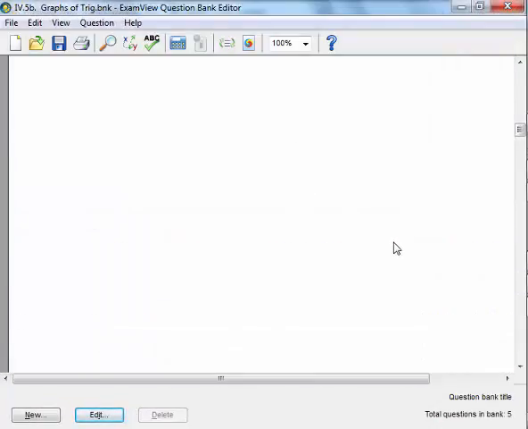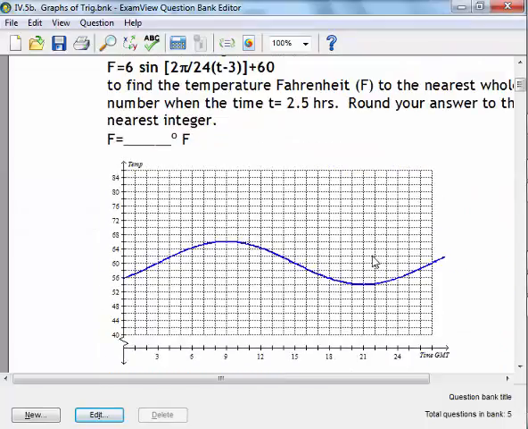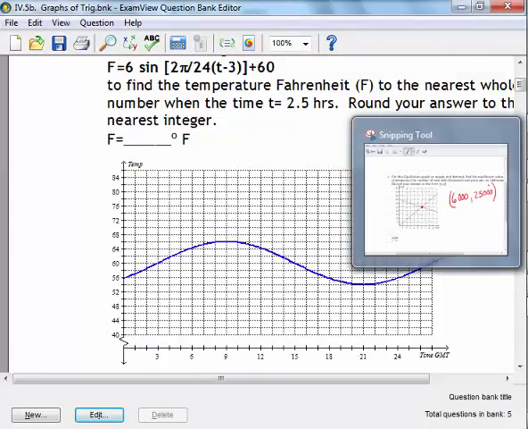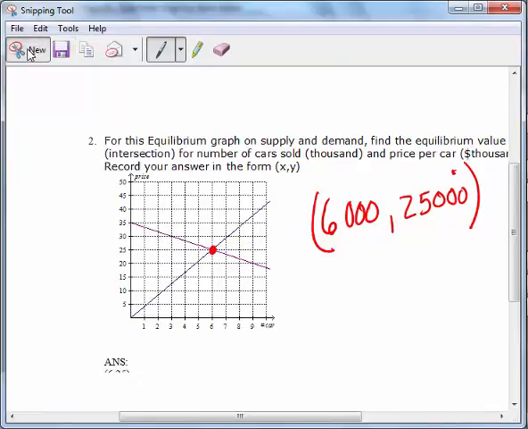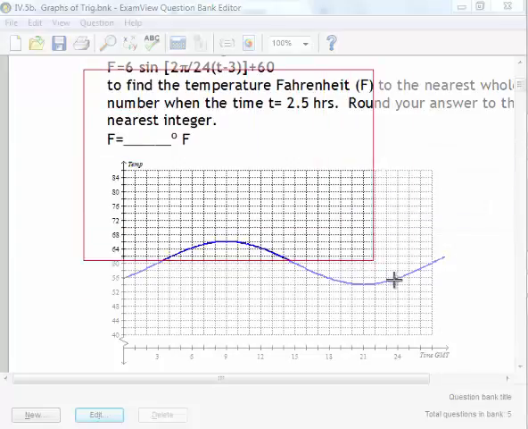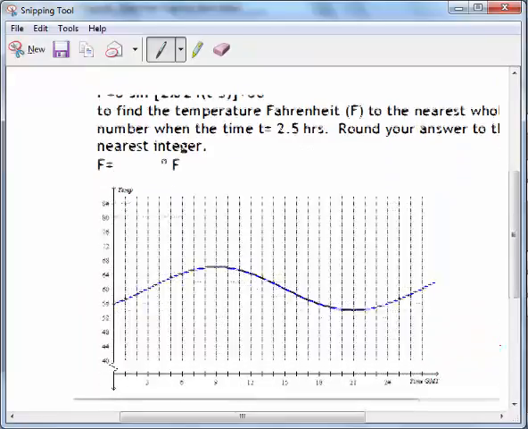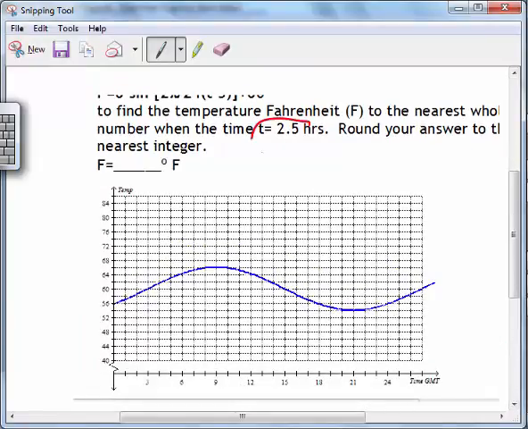But this is the one that I think is most interesting. It looks a little scary because you see the graph here. And let's say that somebody wanted you to do something like this. Let's say they wanted you to find when the time is 2.5 hours. Well, you would just go over here. Here's 6 hours. Here's 3 hours.